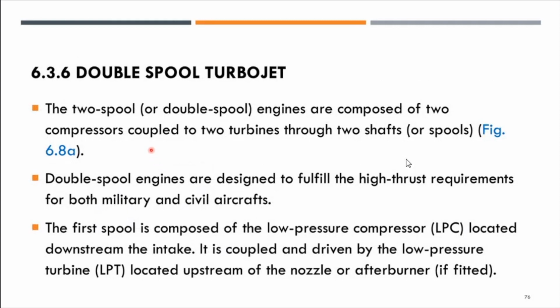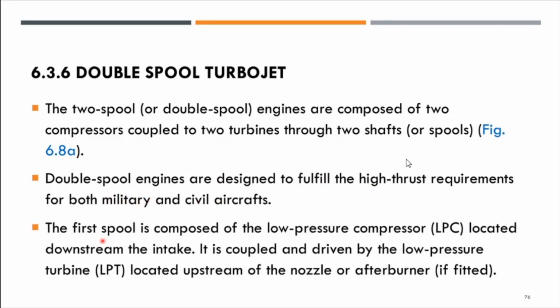Okay, the two spool or double spool engine is normally composed of two compressors coupled with two turbines through two shafts, as shown in figure 6.8a.